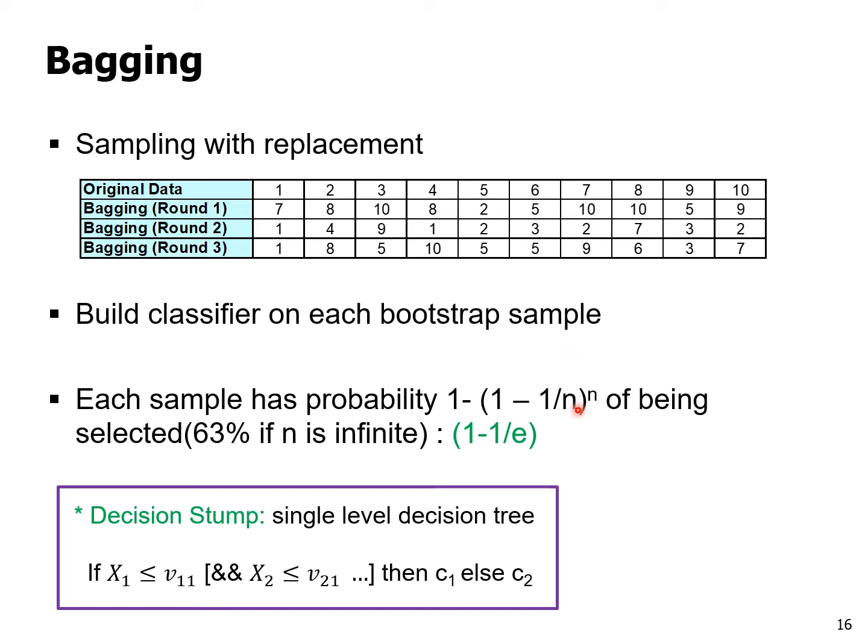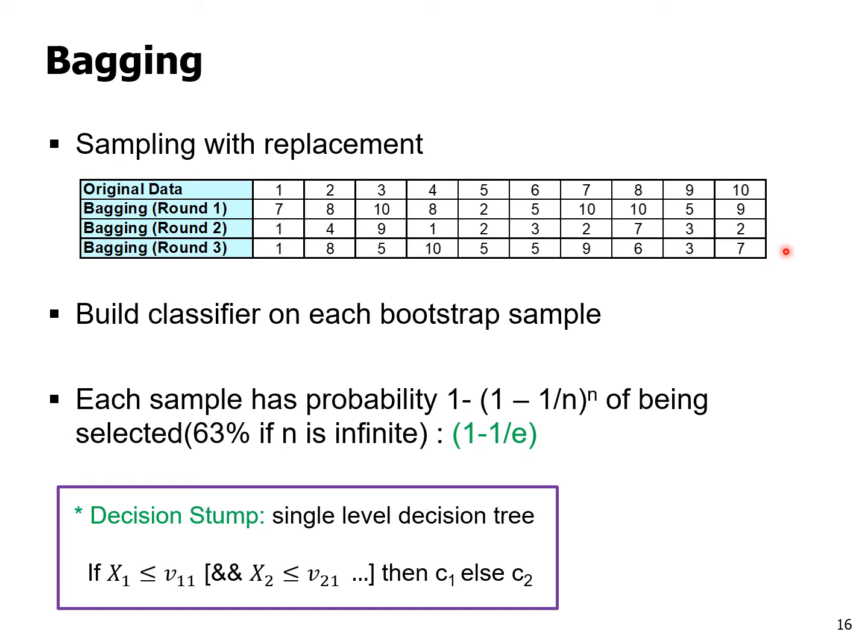And if n is very big, like infinite, this value becomes 63%, because if n is infinite, this is reduced to this, which is nearly 63%. So if n is very big, each data has the probability of 63% of being selected.